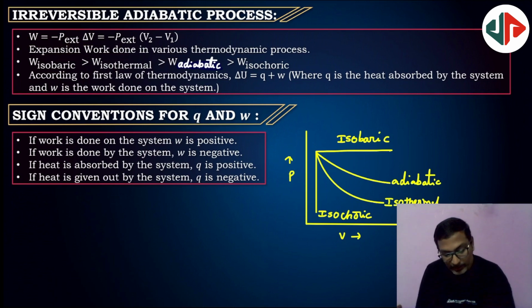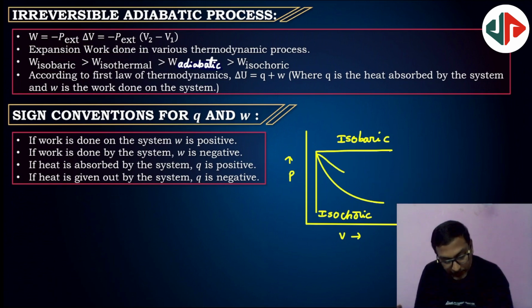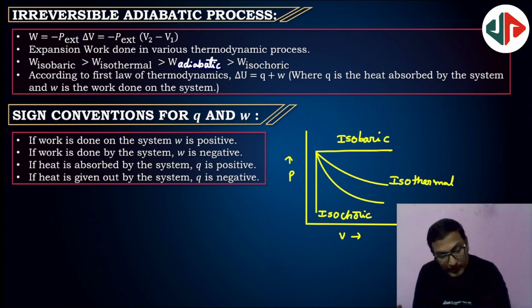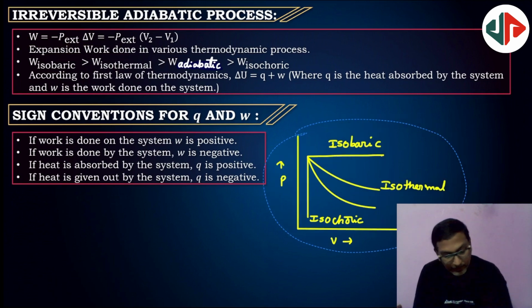First isobaric, area under the curve is maximum. Next, check here, graph should be like this. Next, area under the curve, this is isothermal. We will place the graph here.